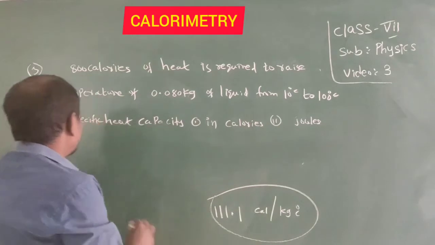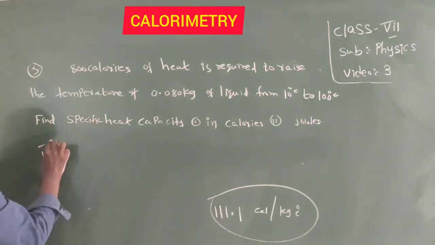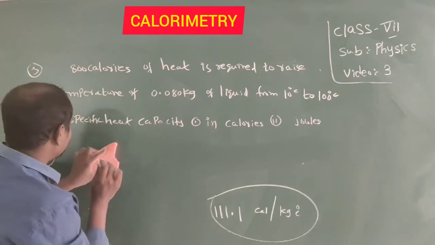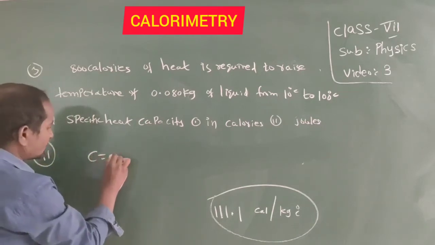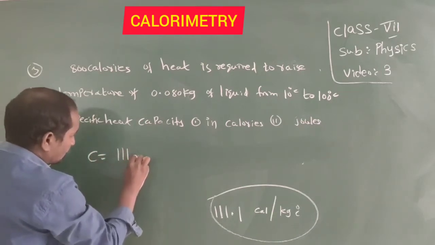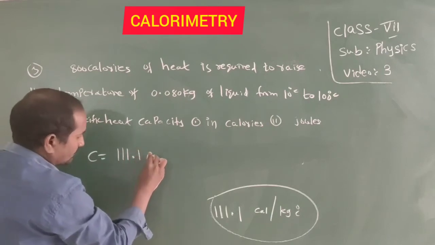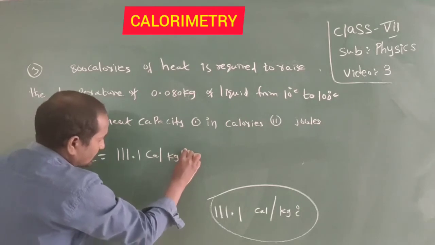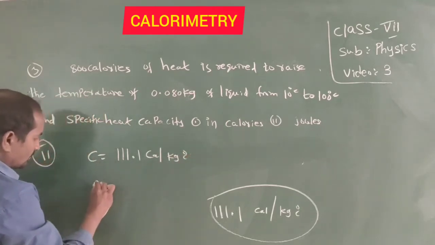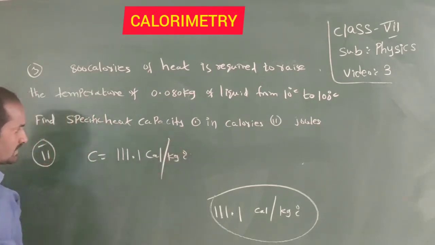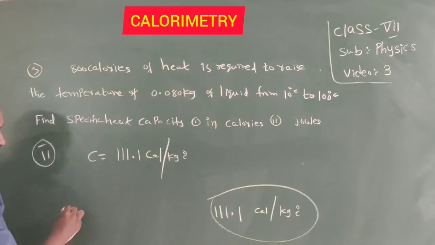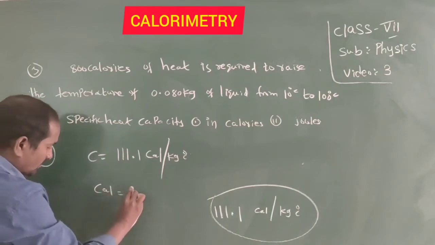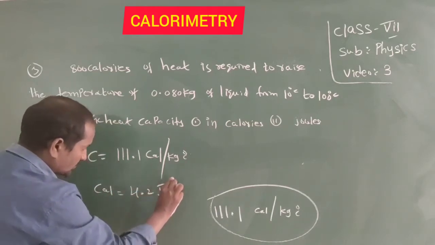Next, in the second question, heat energy is given. Specific heat capacity C equals 111.1 calorie per kg degree Celsius. So we convert into joules. Here 1 calorie equals 4.2 joules.